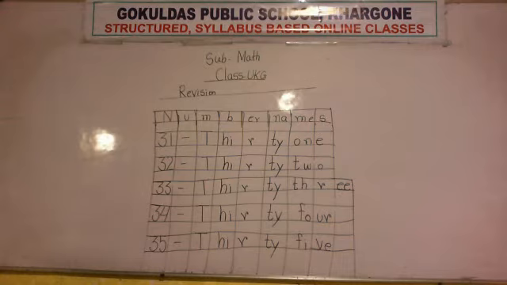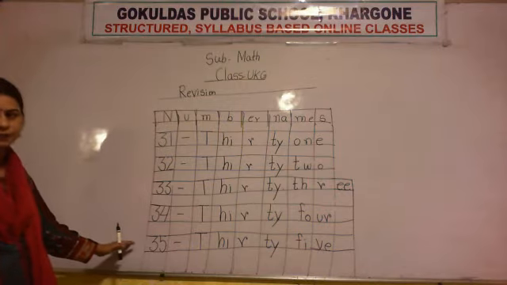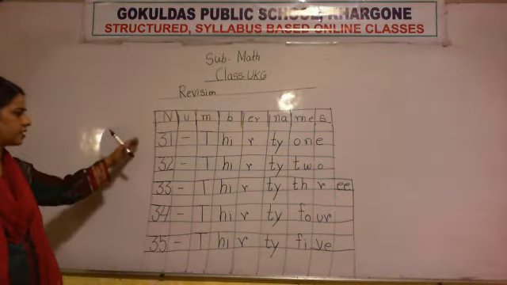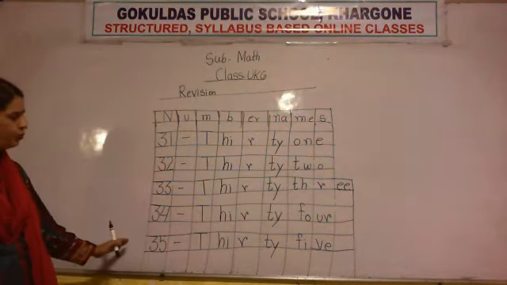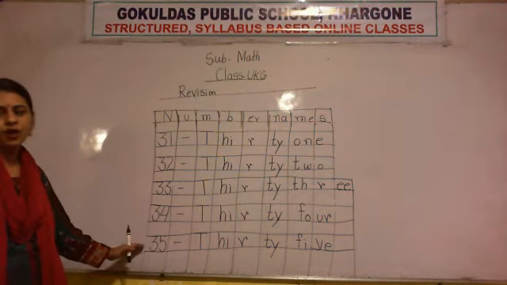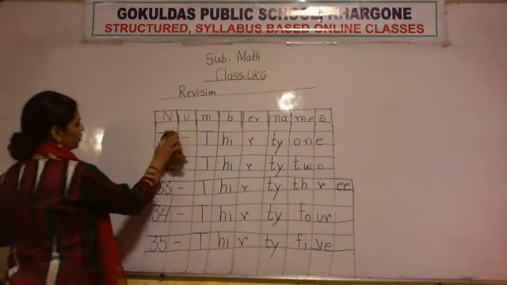Okay, completed. I have no space on my board, so I am going to rub this and then I will write the spelling from 36 to 40. But if you have space in your notebook after 35, give one column gap and then write spellings. Okay. So I am going to rub this.